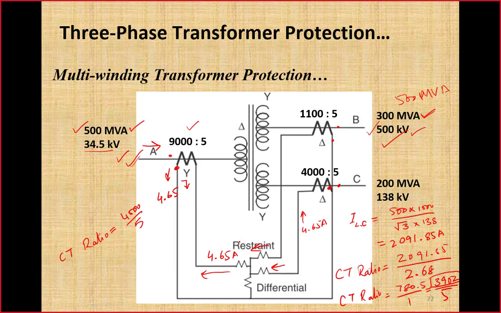Now current that is flowing here in this line, when this winding B is carrying full 300 MVA power at this voltage level of 500 kilovolt, and this is a CT ratio, first we calculate the line current.